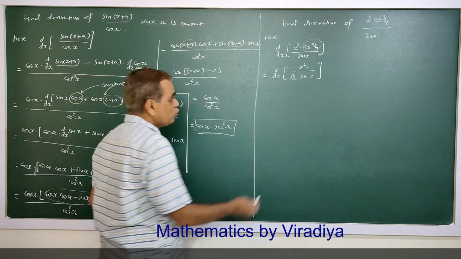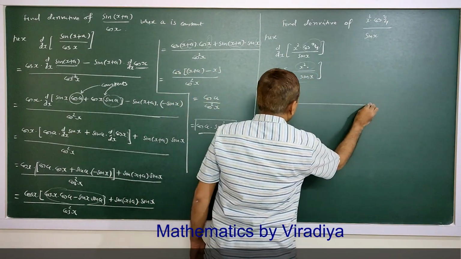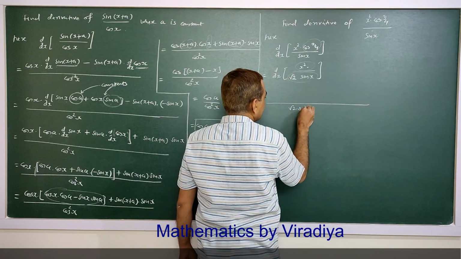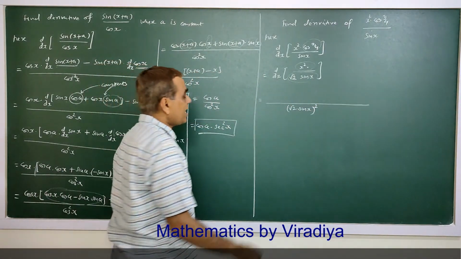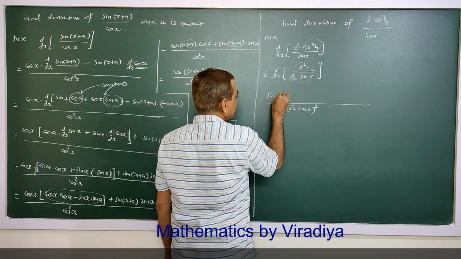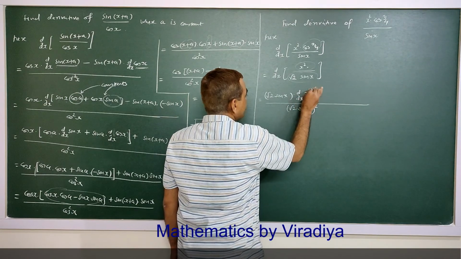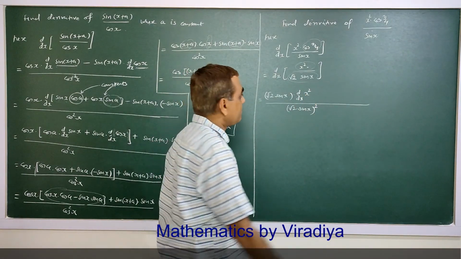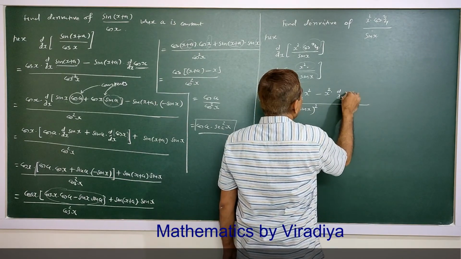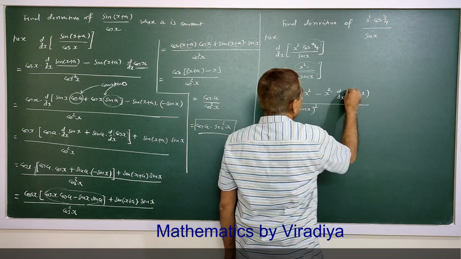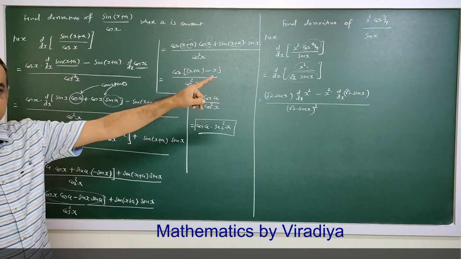Now derivative of u by v. So v square, v as it is, derivative of u minus u as it is, derivative of v.